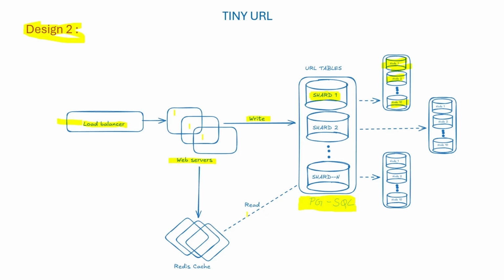The read happens in a similar fashion to design one. When the web server receives the read request, initially it will look into the Redis cache, and if the Redis cache does not have the particular data, it will route the request to the Postgres DB, get the data, write it into Redis memory, and then respond back.